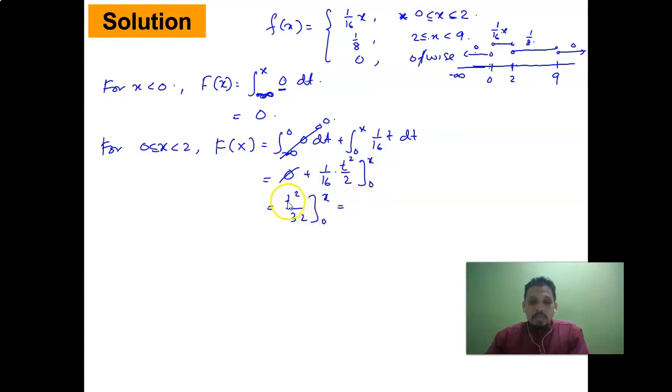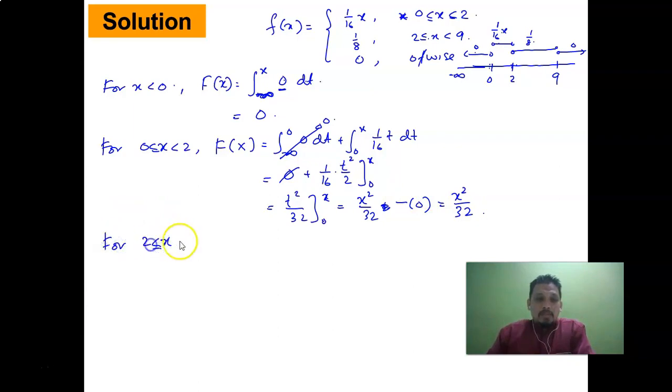Substituting t with x gives x square over 32, minus substituting with 0, which is 0. So it equals x square over 32. Then for x between 2 until 9.